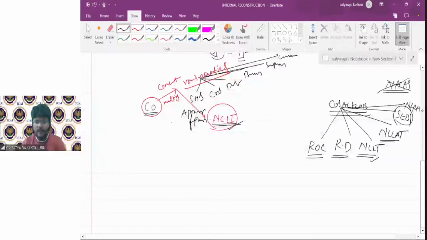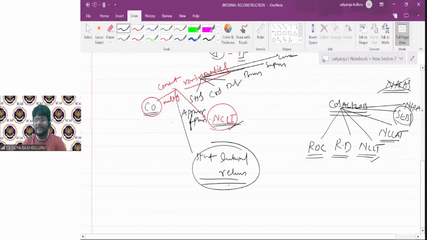Hope you understand. Sir, after completion of approval, what should we do, sir? Then the company will start the internal reconstruction process. In this process, based upon what we have seen, we should think about what accounting adjustments related to financial accounting we need to make.